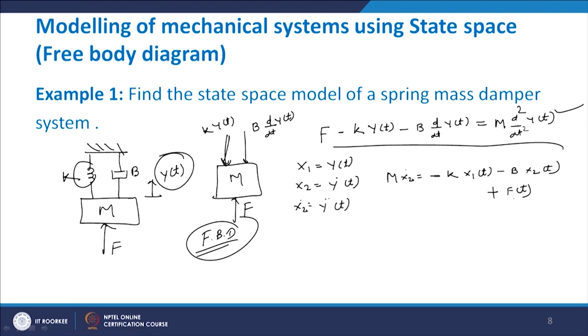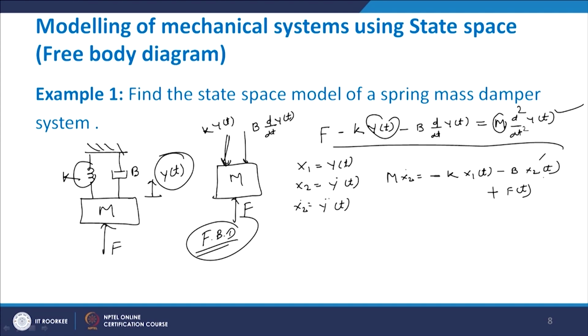So, here y double dot t equals x2 dot, y of t equals x1 of t, y dot t equals x2 of t, and this is f of t.